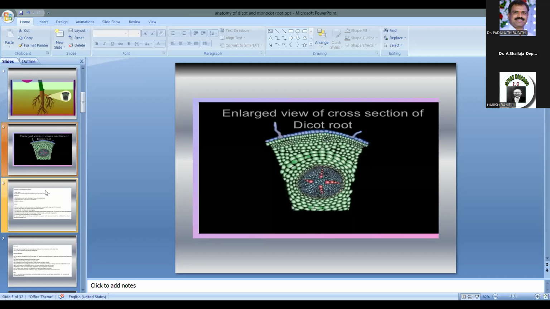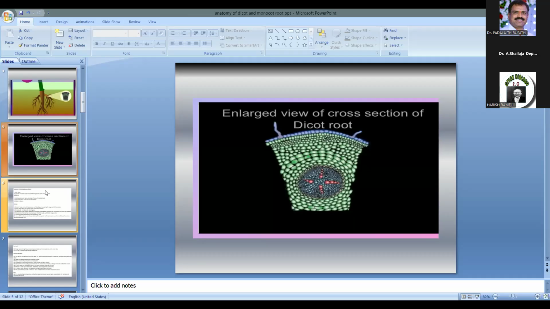In some dicots, the root of the same plant may show di, tri and tetrarch xylem also. Such roots are called heterarchic roots. Example, Nymphaea. So this is about the vascular bundles.